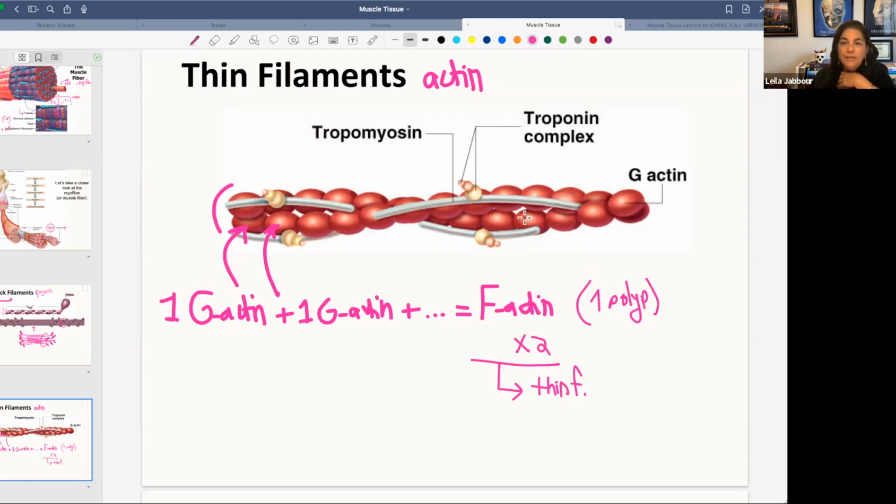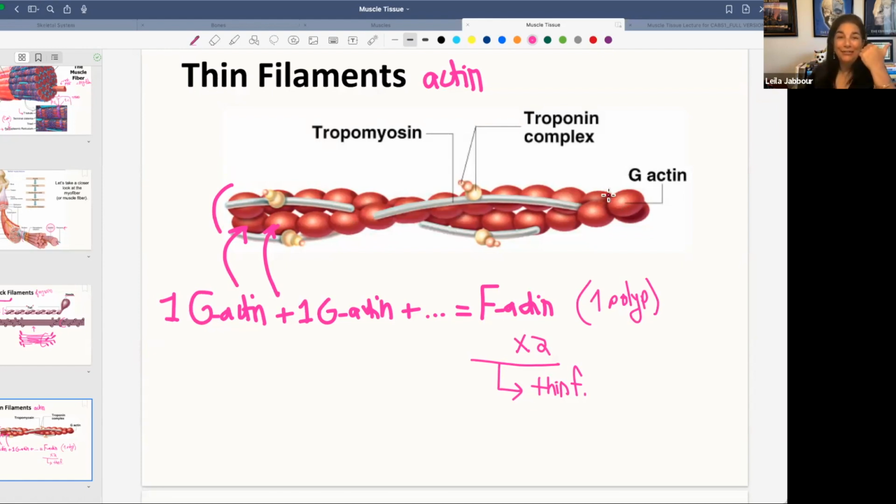So two of these F actins to form a thin filament. You see how I built this up? G actins are individual monomers, and they kind of string together to form this long F actin, and you actually need two F actins together to form the actual thin filament.